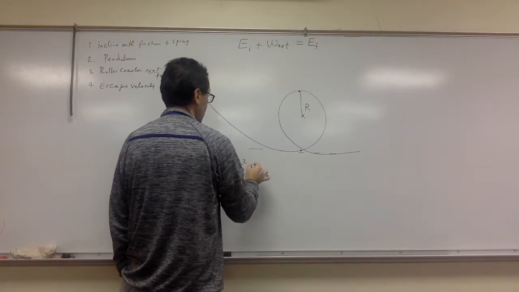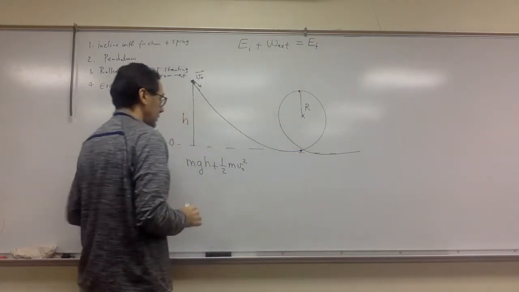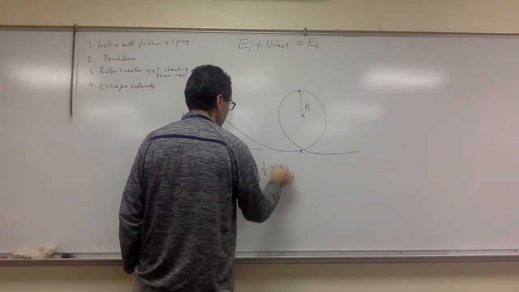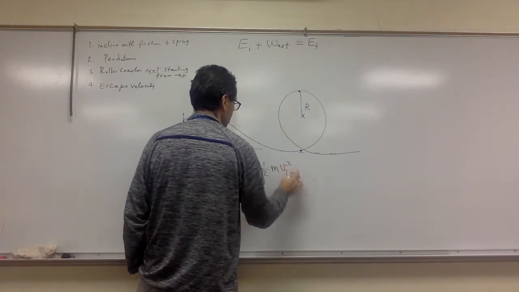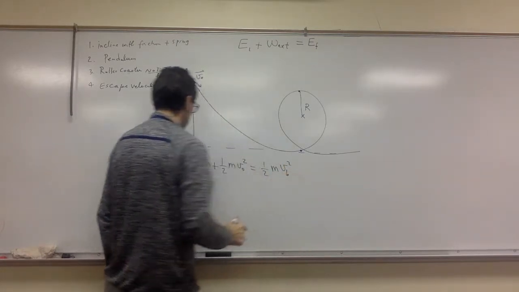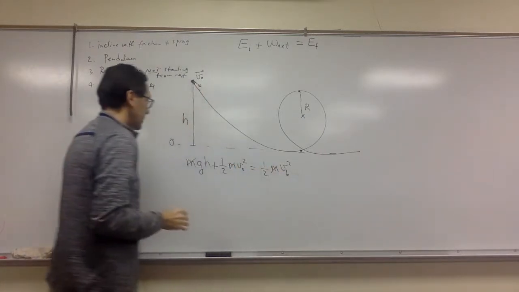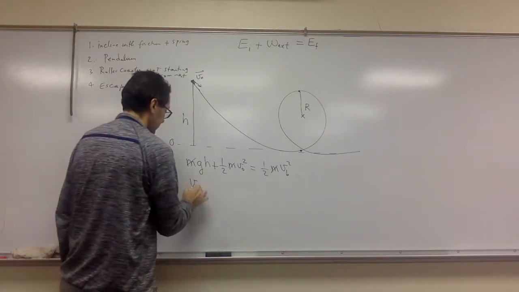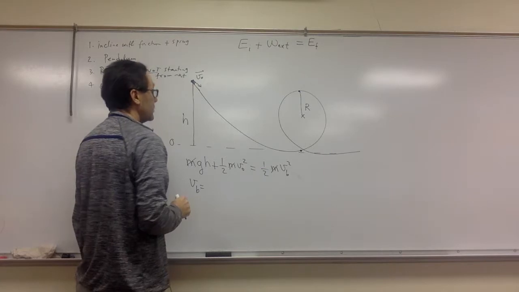I'm going to try to find my speed at the lowest point, so that's going to be 1/2 m v at the bottom squared. I'll call it vb for bottom. You see how the mass doesn't really matter. Now I want to find out what that vb is, and I think we should throw some numbers in here.